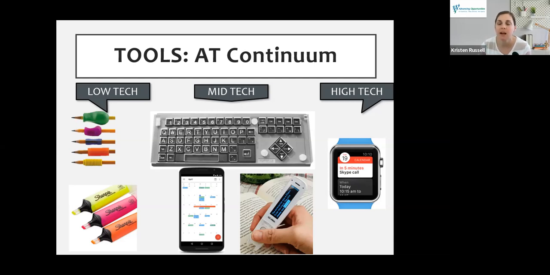Moving into high tech, I just put one example here, and this also is probably in between mid tech and high tech, but using smartwatches. This is an example of an Apple Watch here. Again, more and more people are obtaining a smartwatch all the time. And while I think a lot of people would think that's kind of gadgety or just a little extra or some cool fancy technology, it can be a huge assistive technology tool.